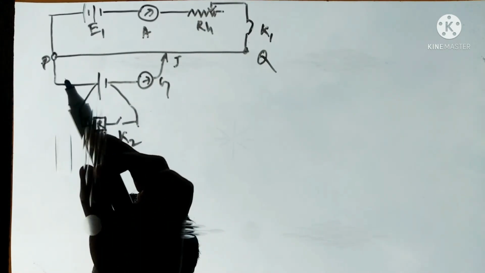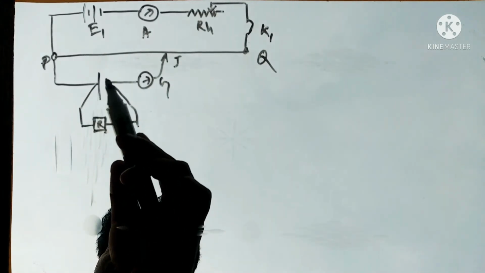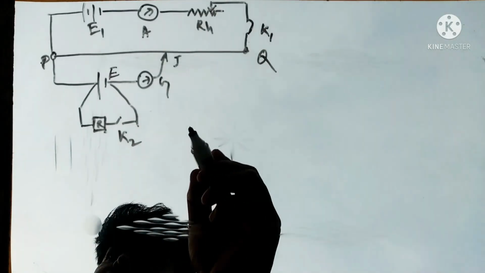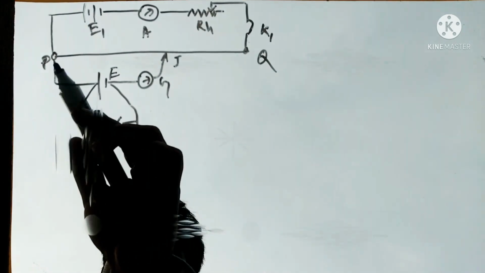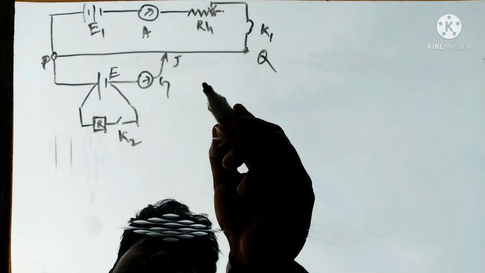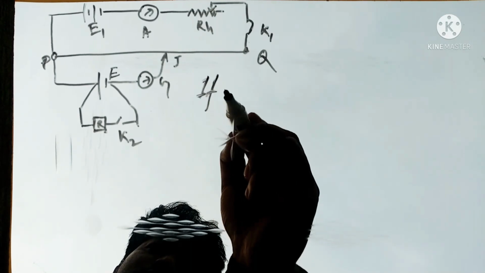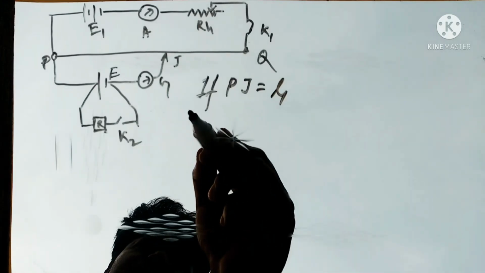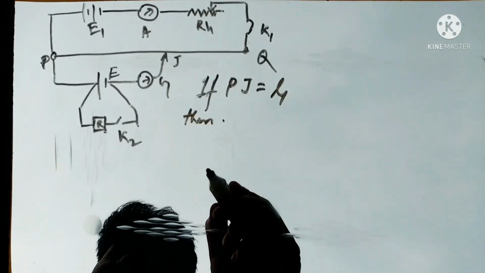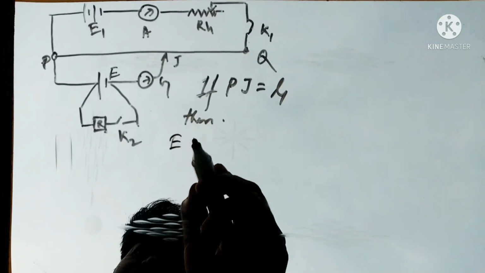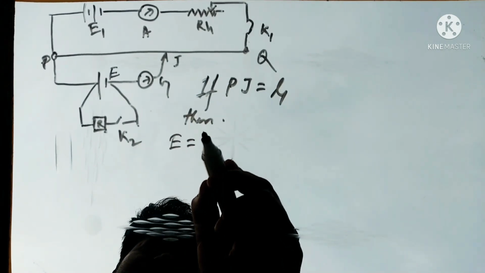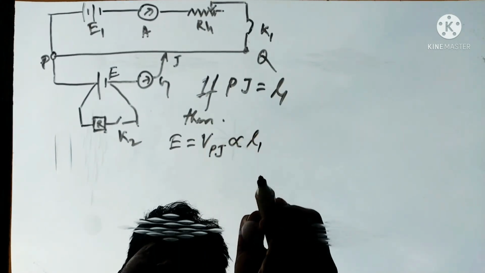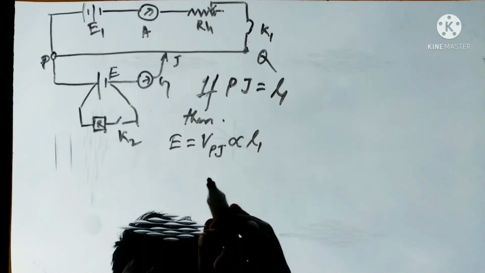So the potential difference across this PJ is equal to EMF E. So we can write, if PJ equals L1, that length is L1, let us take, then E equals V across PJ, which is proportional to L1.